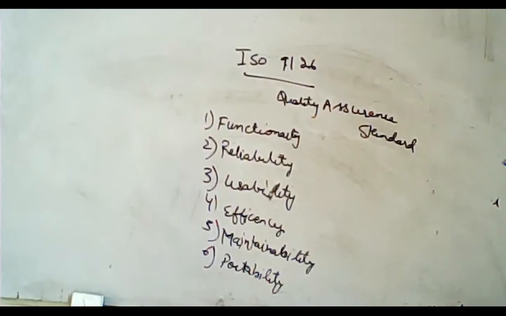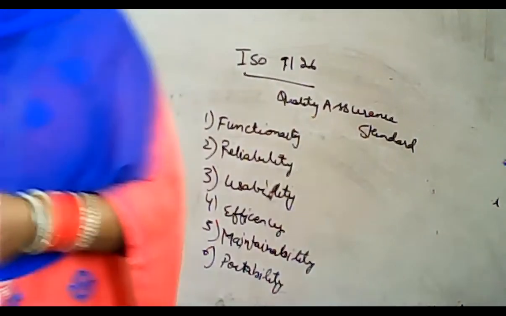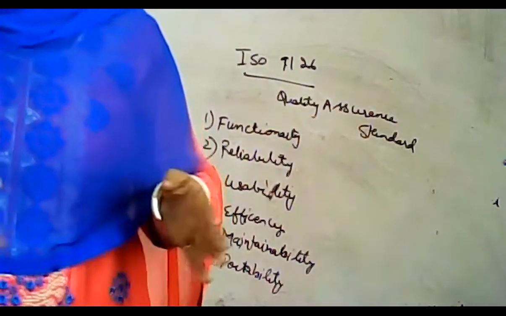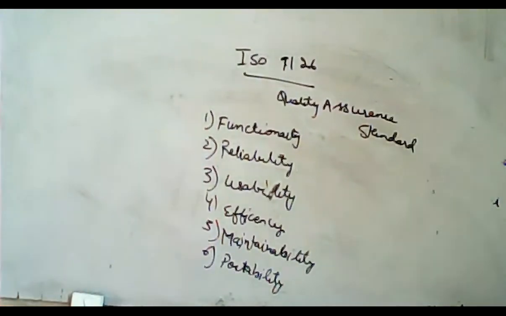We know functionality characteristics relate to achievement of the basic purpose for which the software is being engineered. Reliability relates to the capability of software to maintain its level of performance under stated conditions for a specified period of time.